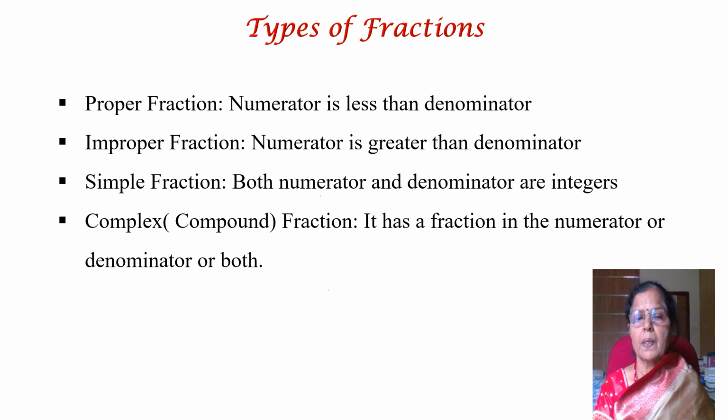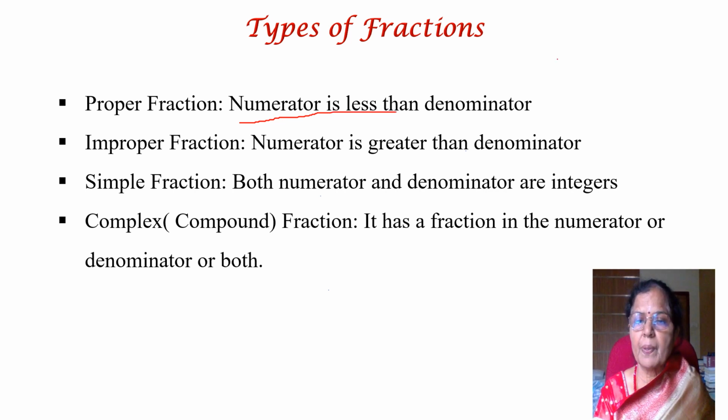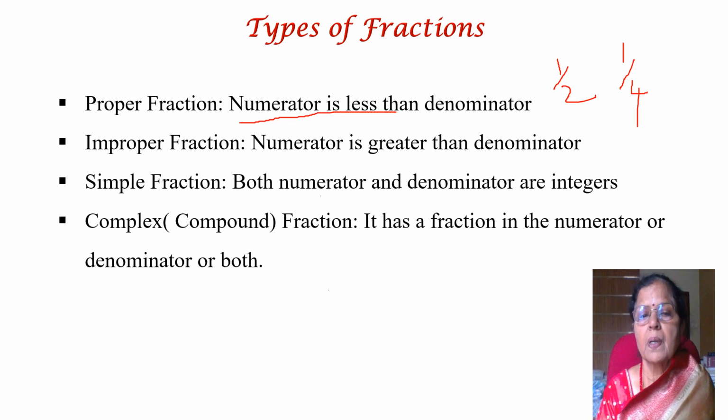Well, now we will see what are the different types of fractions. There is the proper fraction. A proper fraction is where the numerator is less than the denominator. For example, 1 by 2 is a proper fraction, and also 1 by 4, a quarter, is also a proper fraction.